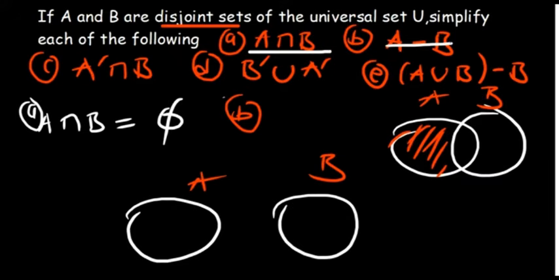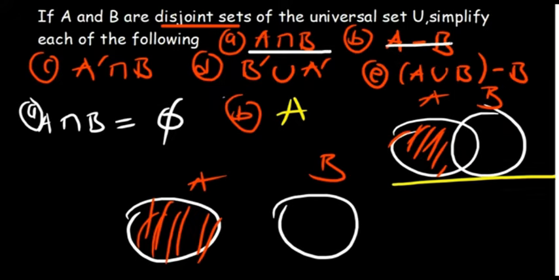This time around we're going to shade the entire part of A. Why? Because all of it is without B. So A minus B is the same as just A, because the entire part of A is without B. That's how it's different from a set with an intersection.